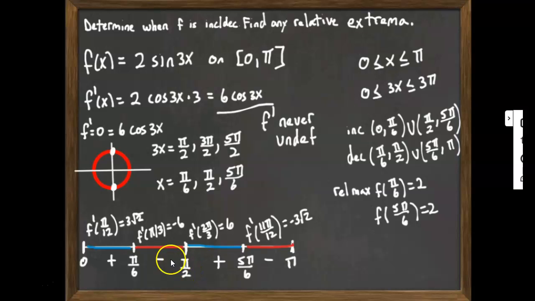And then notice, lastly, we're decreasing and then increasing as we cross pi over 2. And as long as the function's defined there, that's going to be a relative min. F of pi over 2, when we plug that in, is going to be negative 2. And so now we figured out when this function is increasing and decreasing, and also we found our relative maxes and mins.